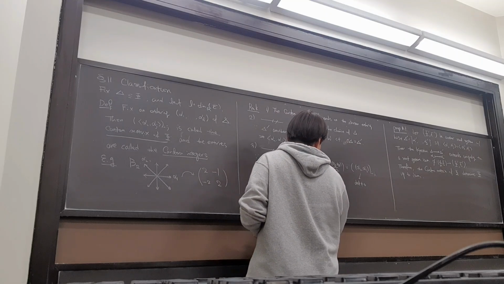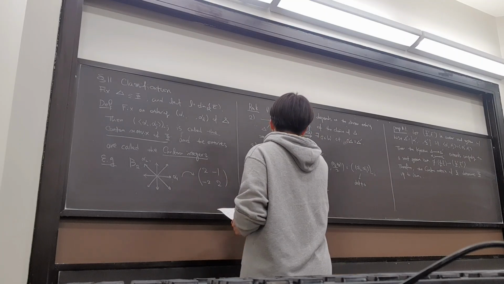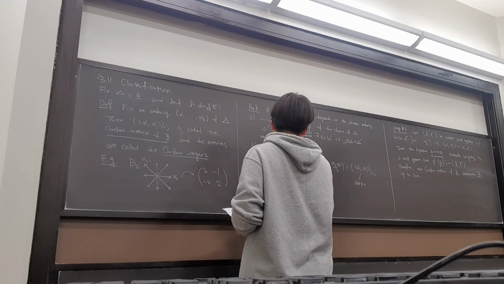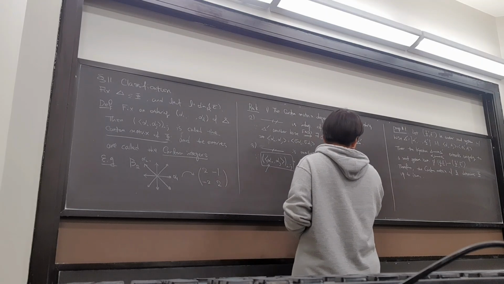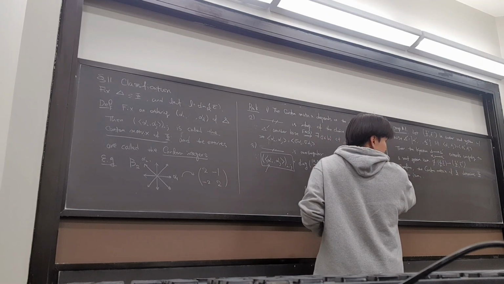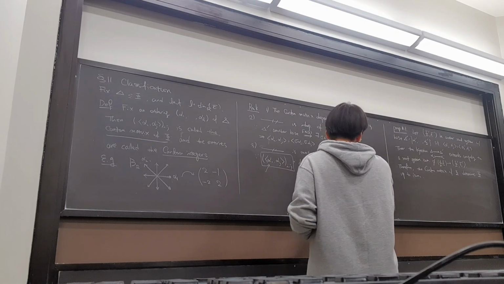But the Cartan matrix is not diagonal. But you're saying it can be diagonalized. This is the Cartan matrix. And this matrix product is equal to this matrix, and the determinant of this matrix is non-zero.